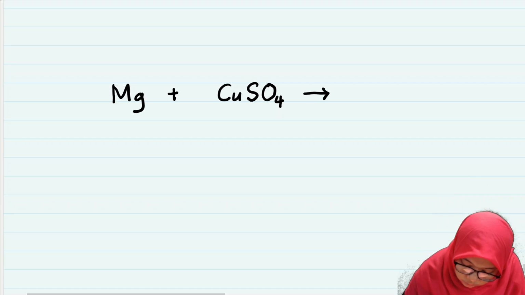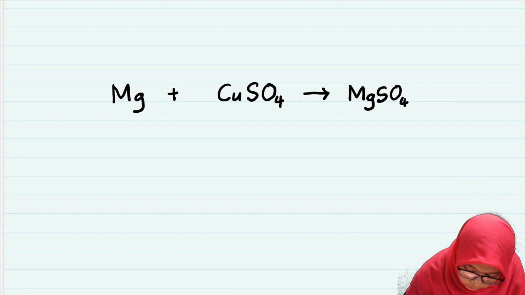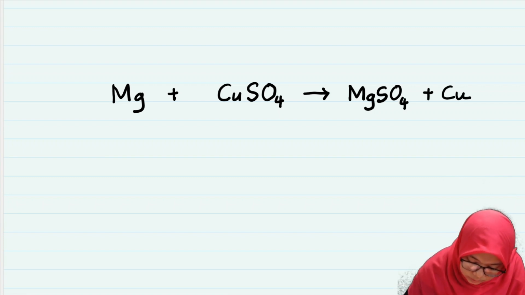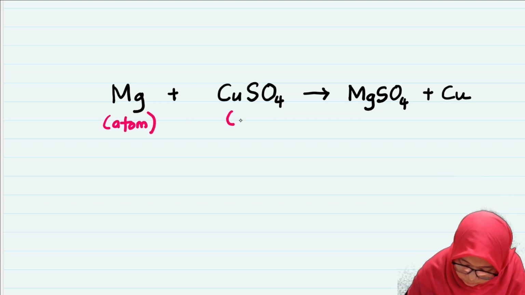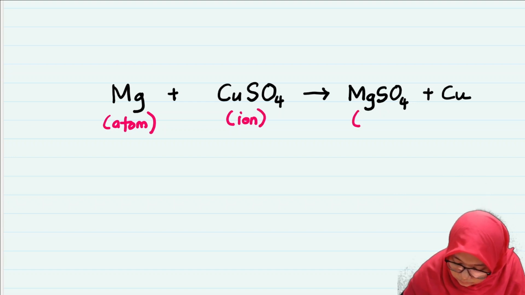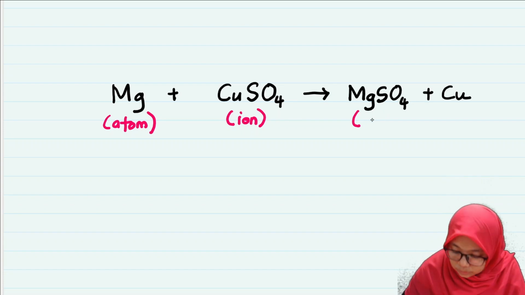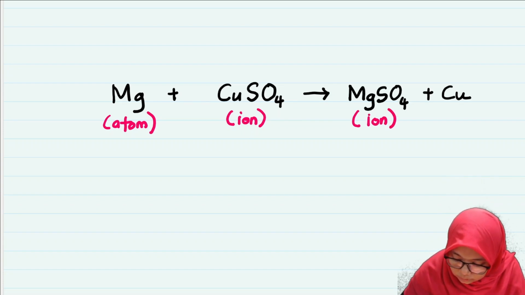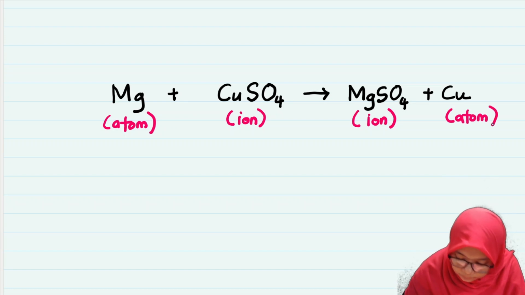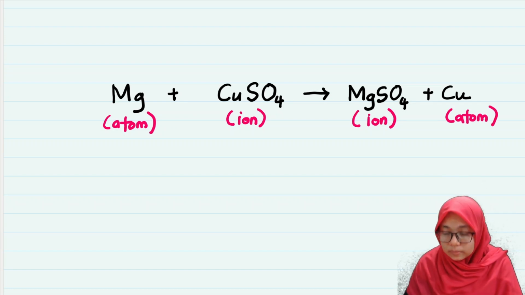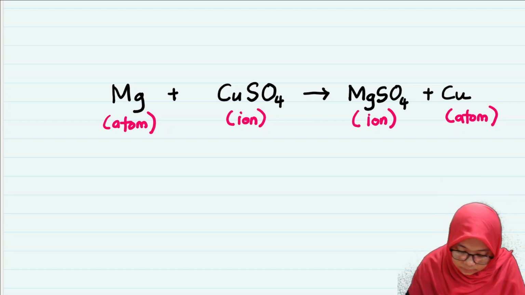This reaction will produce magnesium sulfate and copper atom. Copper sulfate exists as ions, and then the magnesium will release 2 electrons to form an ion, and copper atom will form. Copper ion will accept 2 electrons to form copper atom.